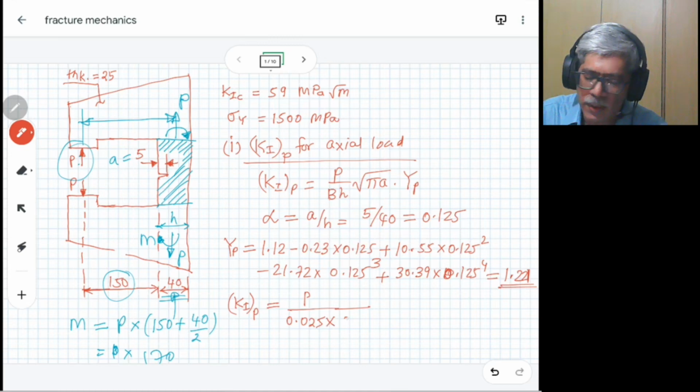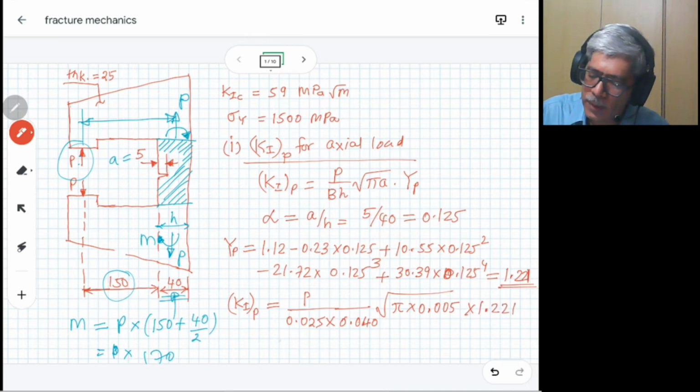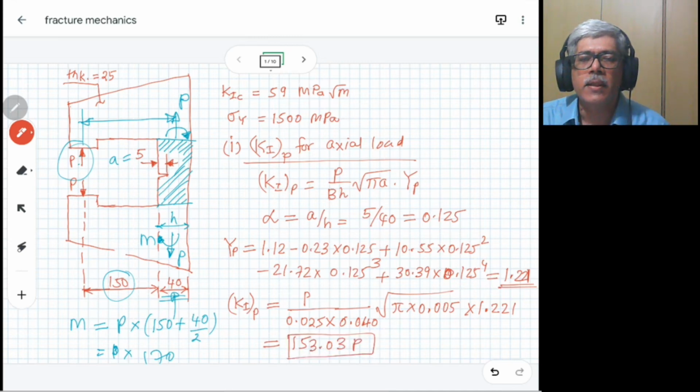So I'm putting everything in Newton and meter, and h, that is the width of the plate, is given as 0.040 meters, multiplied by root of pi into the crack length, which is 5 millimeters or 0.005 meters, multiplied by the shape factor, which is 1.221. So this gives us the stress intensity factor in terms of P as 153.03 times P. So we obtained the stress intensity factor around the crack for only axial load.